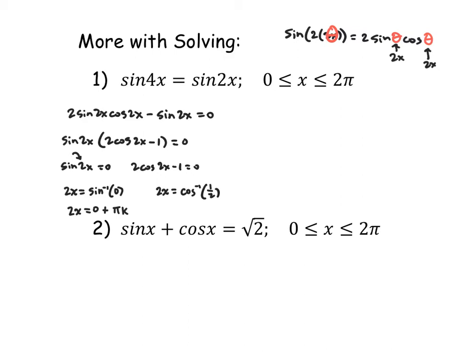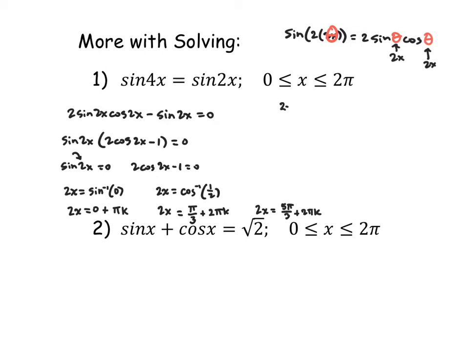But let's just see what happens. Okay, so that means 2x is equal to pi over 3 plus 2 pi k. We could also say that 2x would equal 5 pi over 3 plus 2 pi k. Right, in quadrant 4.